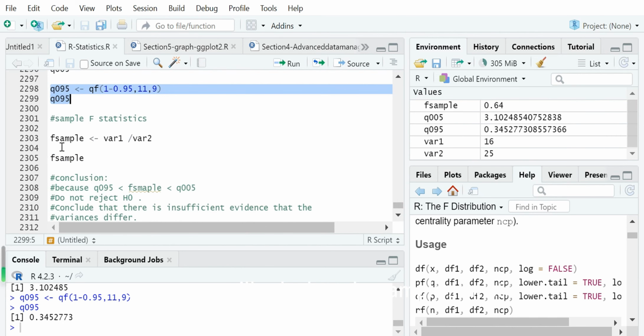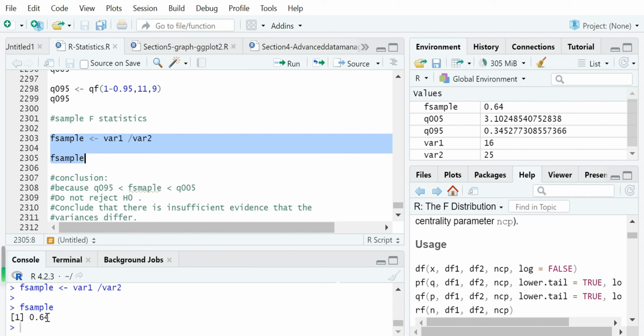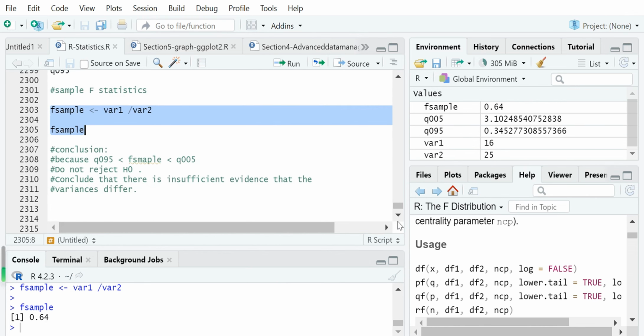So next we will calculate the sample statistic. It is actually the division of two sample variances. So the sample variances are 16 and 25. So we get 0.64. So the result is we do not reject H0, because this sample statistic is between these two values.